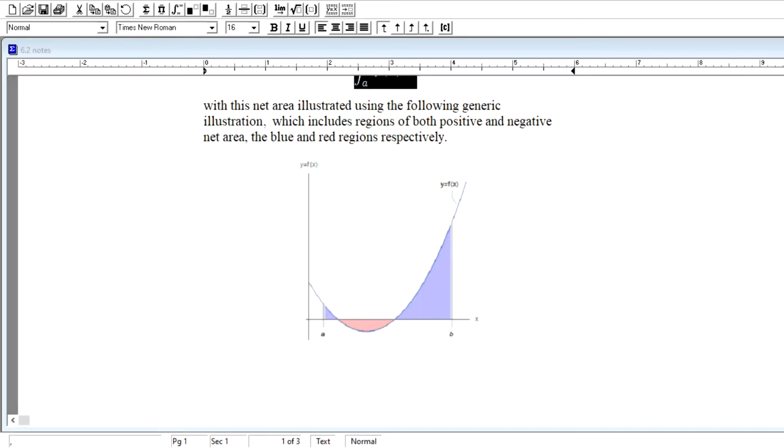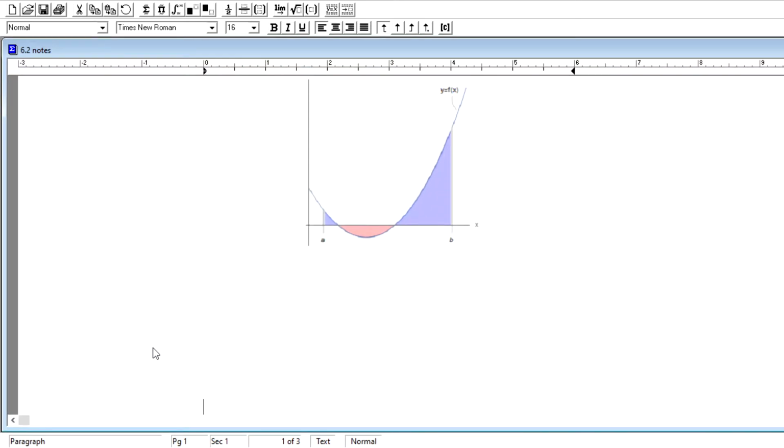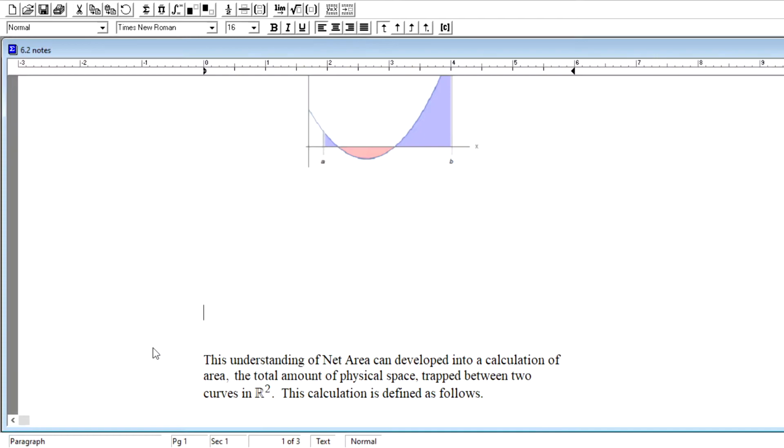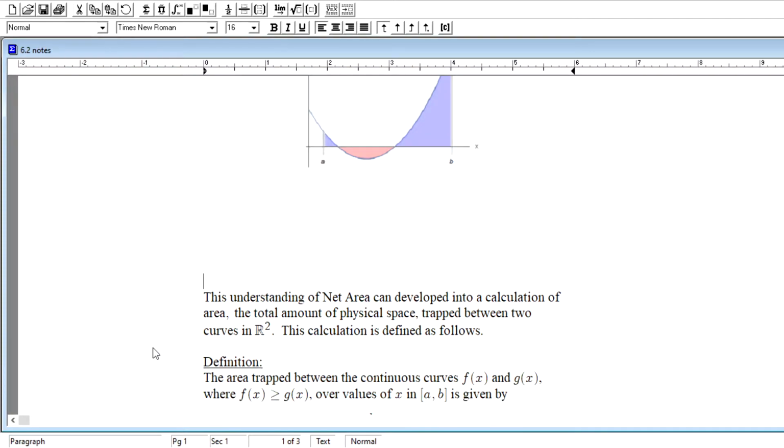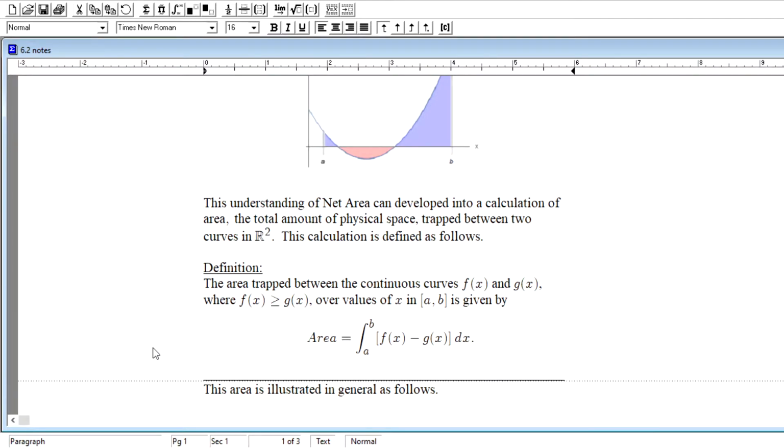Now this net area calculation, we can go on to use to consider calculating and understanding a physical amount of space trapped between two curves. And this calculation is defined as follows.